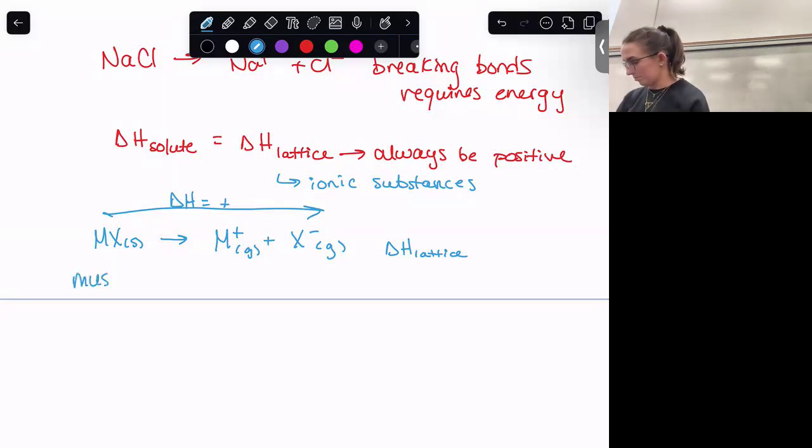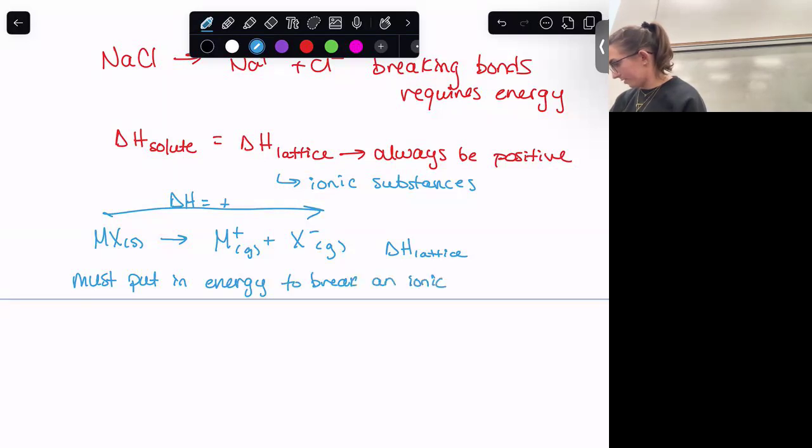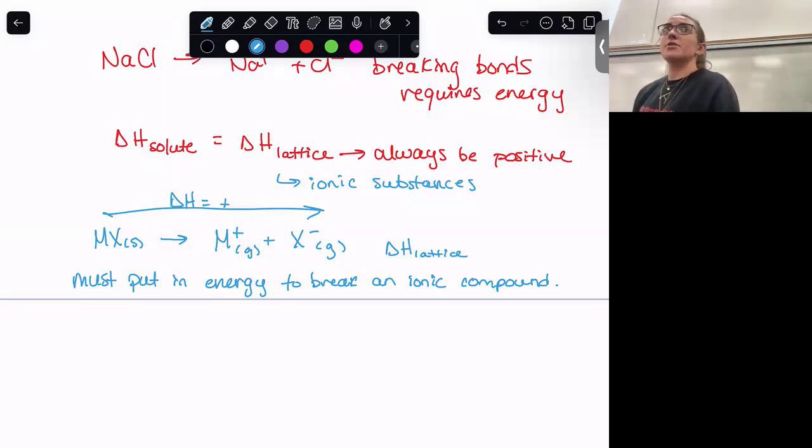So you must put in energy to break an ionic compound. Yes, so this is an endothermic reaction if we're looking at it from left to right.